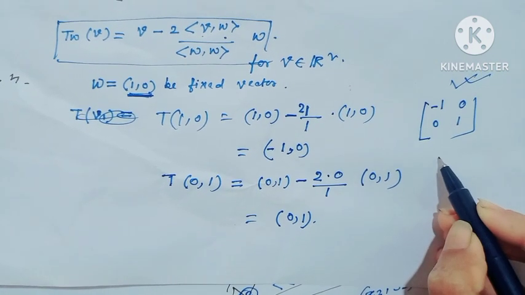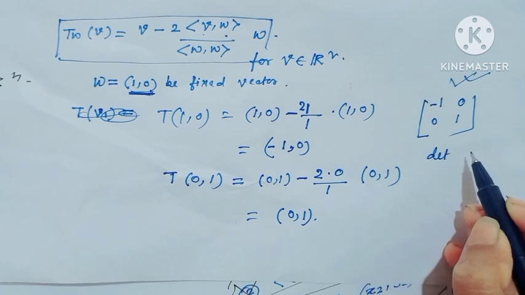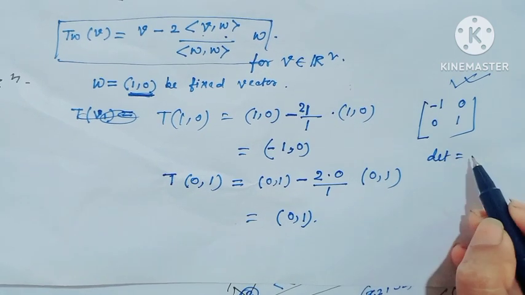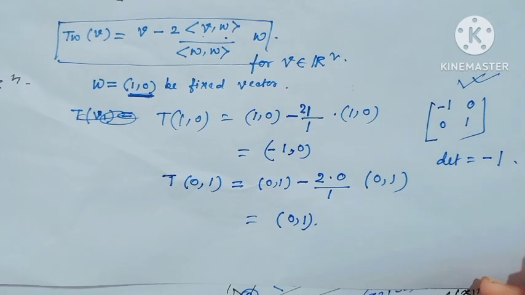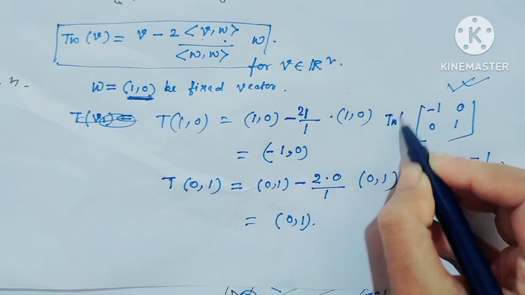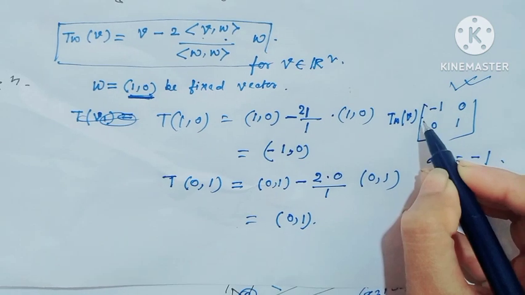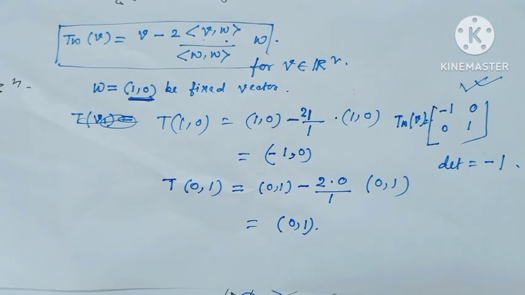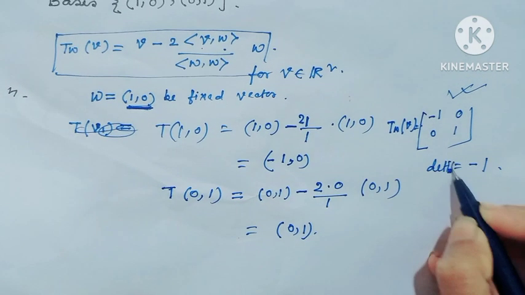And notice the determinant of this matrix is minus 1. So the determinant of T_W is minus 1.